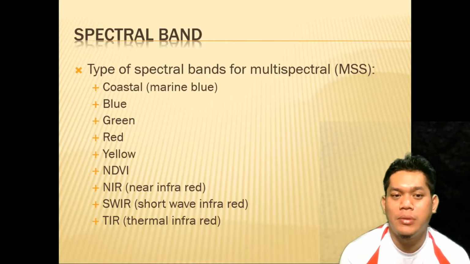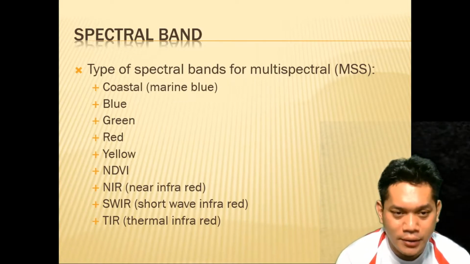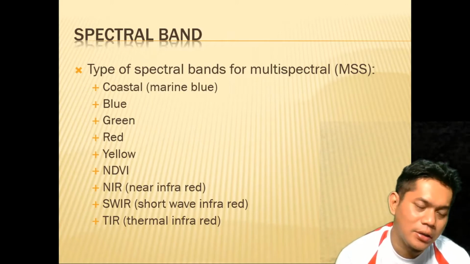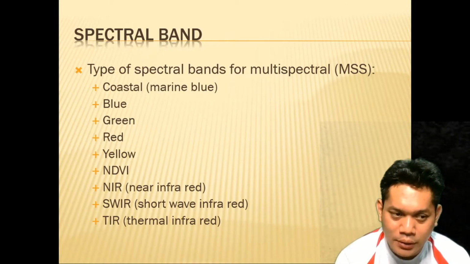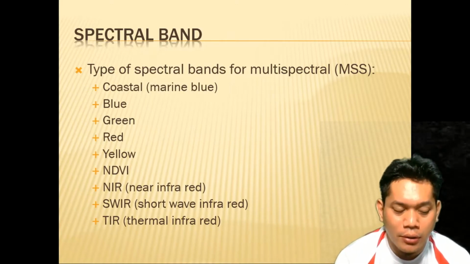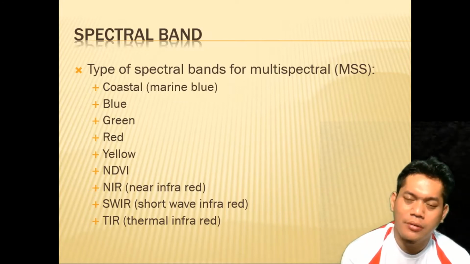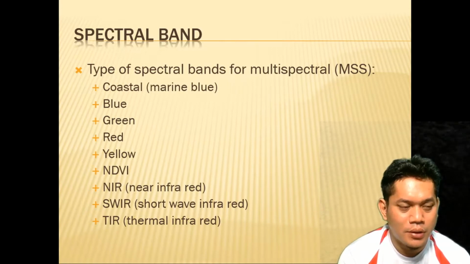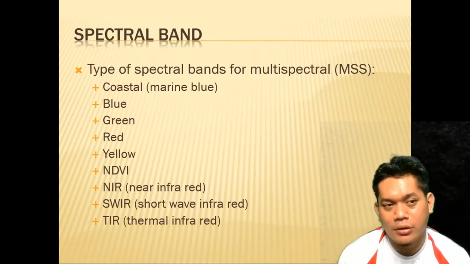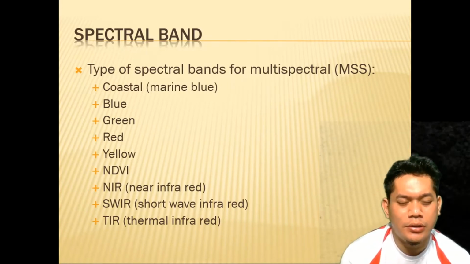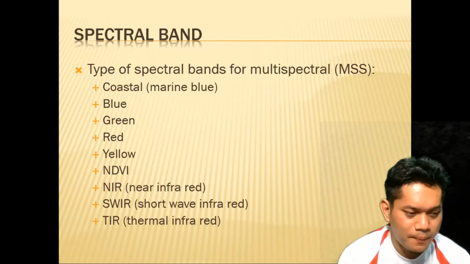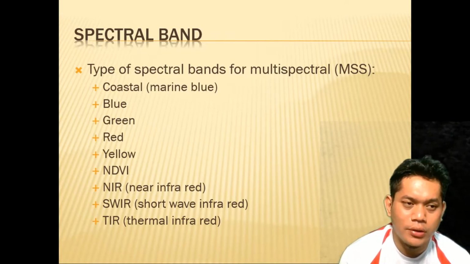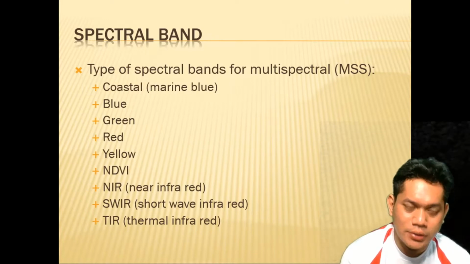The first ones are the coastal, blue, green, red, yellow, which form what we call the actual photo, or the natural, real photo of the information of the Earth's surface.